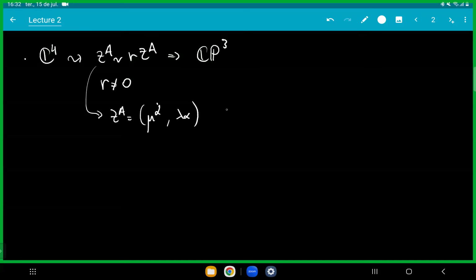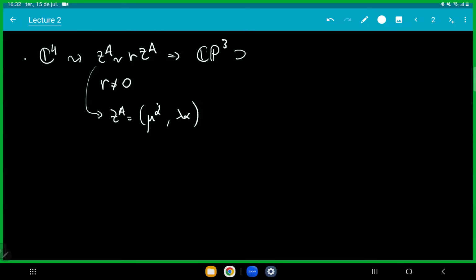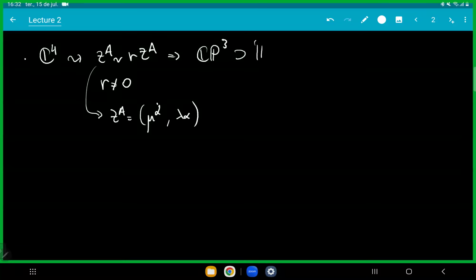And I was interested in choosing a subset of this CP3, which I was denoting by PT. Which subset is this exactly? It is the subset that I get when I write down these two coordinates in this way. So I have mu alpha dot is equal to x alpha alpha dot lambda alpha. I am picking a plane inside this thing.